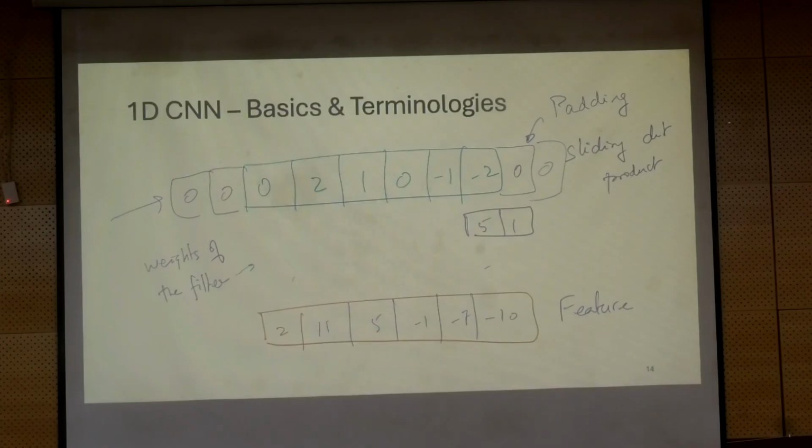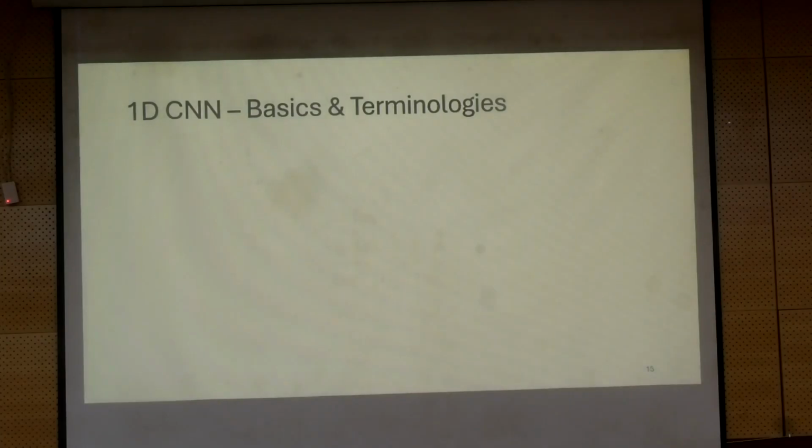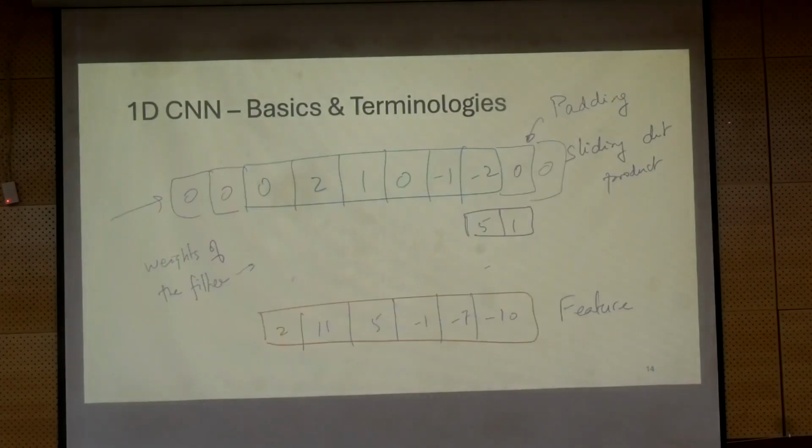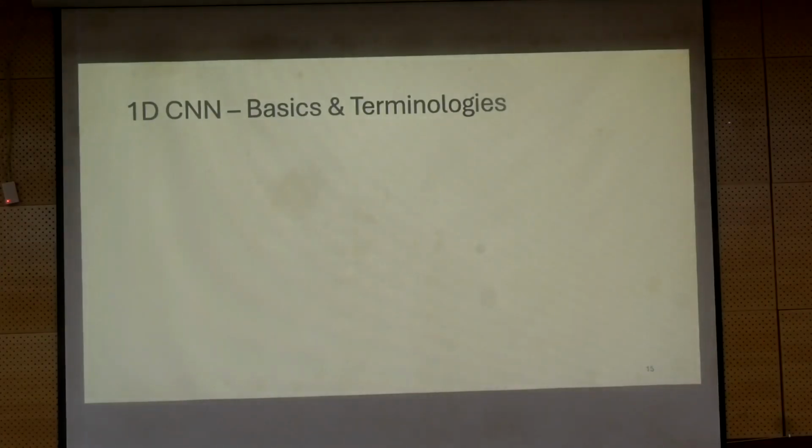So your filter size can be 32, 64 and it's still much smaller compared to your input data. And the more weights you have, the training time increases considerably. Okay, so now let us look at the next idea. We'll go into the basics.